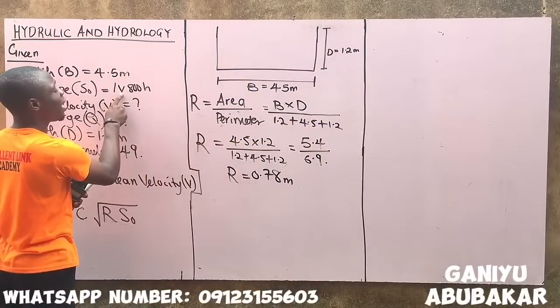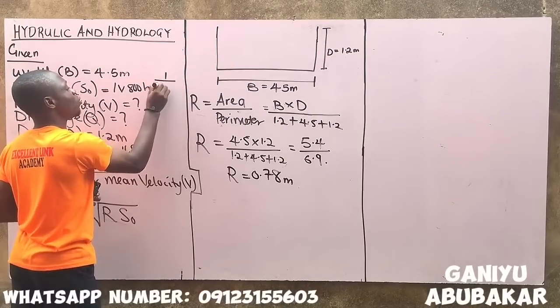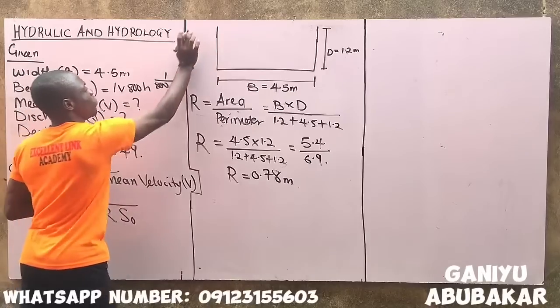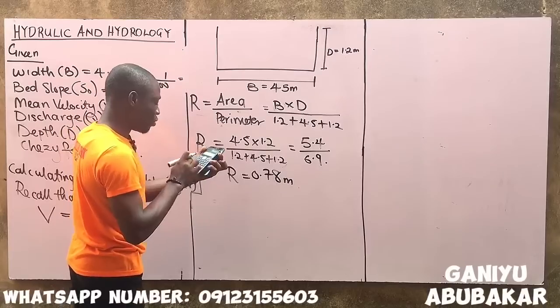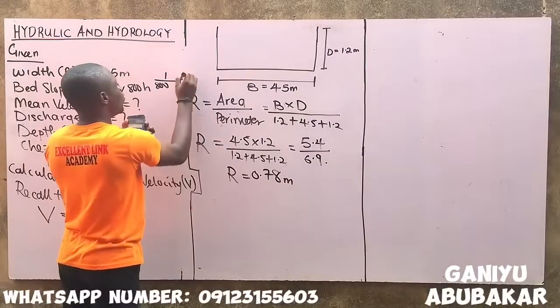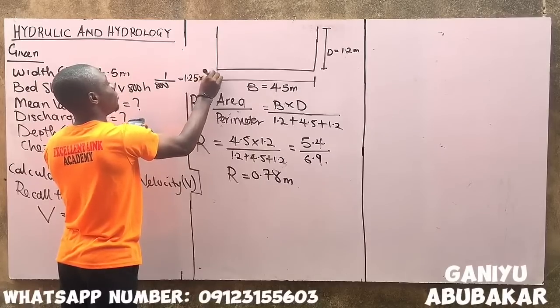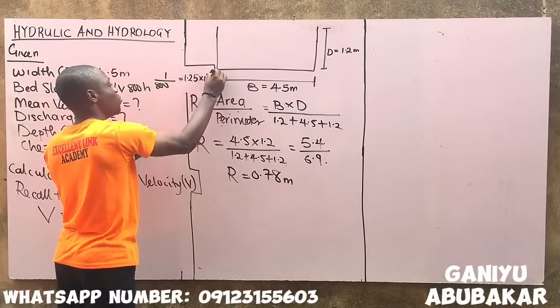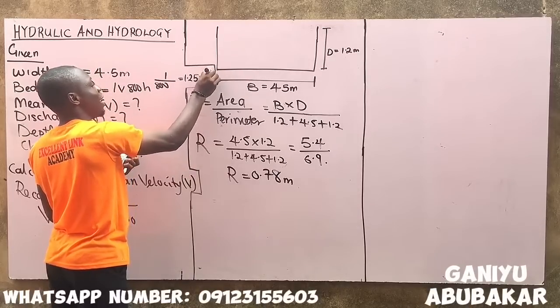Now for your S naught, it's quite simple. I'm having one vertical, 800 horizontal. Express this one as 1/800. That's the idea. If I divide 1 by 800, I'll have 1.25 times 10 to the power minus 3 as the value for my S naught.